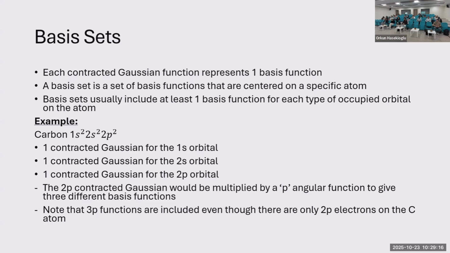So I have a contracted Gaussian for the 1s orbital, for the 2s orbital, and for the 2p orbital. The 2p contracted Gaussian would be multiplied by a p angular function to give three different basis functions: px, py, and pz, right? Note that three p functions are included even though there are only two p electrons on the carbon atom.